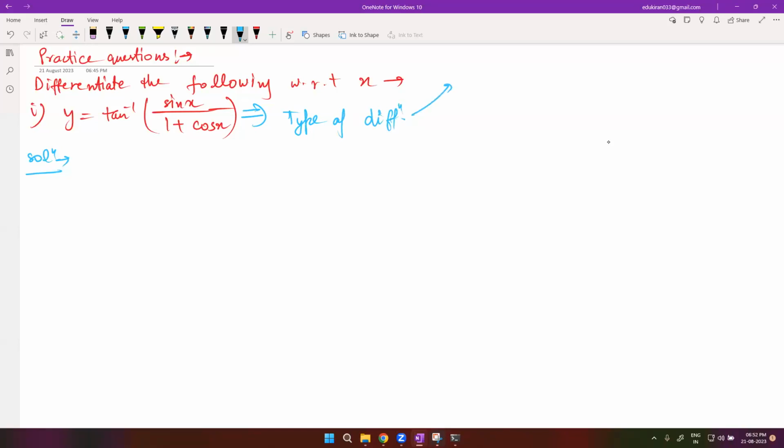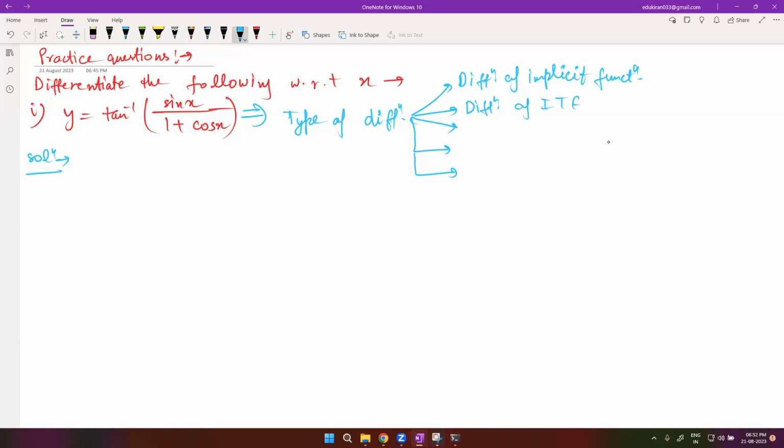So before that, we need to revise what the different types of differentiation are. First of all, we understood differentiation of implicit function, right? In which y and x cannot be separated out. So differentiation of implicit function. Then differentiation of ITF, right?